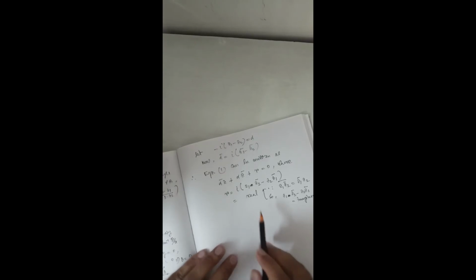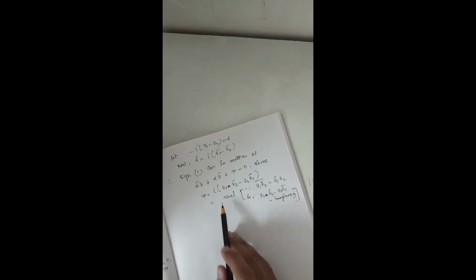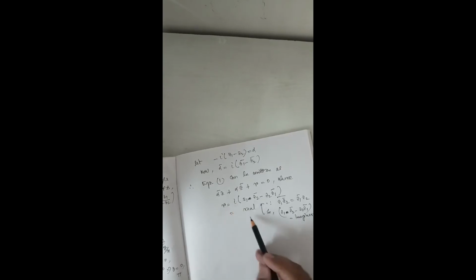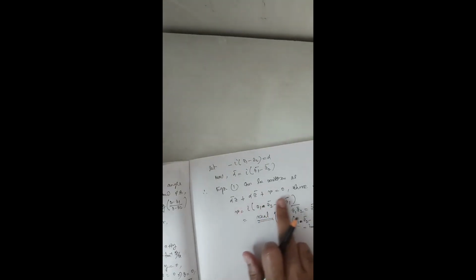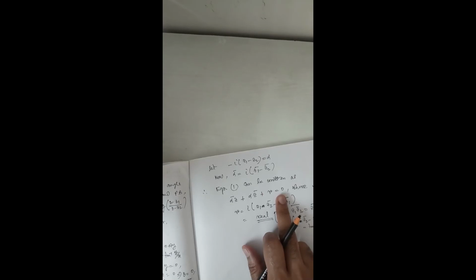If you multiply any imaginary number by i, you will get a real number. That's why (z1 z2 bar minus z2 z1 bar) multiplied by i is a real number. So this is the general equation of a straight line. You must remember this is the general equation of any straight line. Okay.